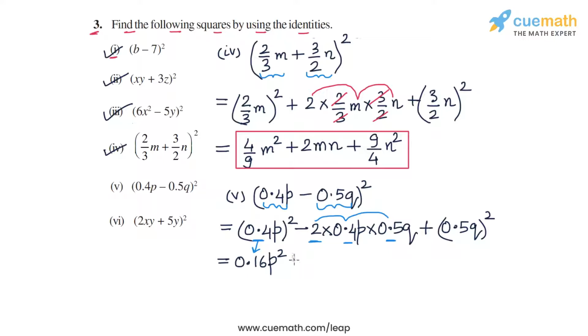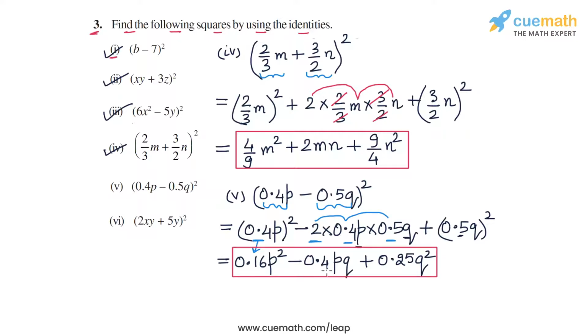So the second term will be minus 0.4pq, because you have the variables p and q. And finally the third term will be 0.5q whole square, which is 0.25q square, because the square of 0.5 is 0.25. So this expression that you get, 0.16p square minus 0.4pq plus 0.25q square, this is the answer in part 5.